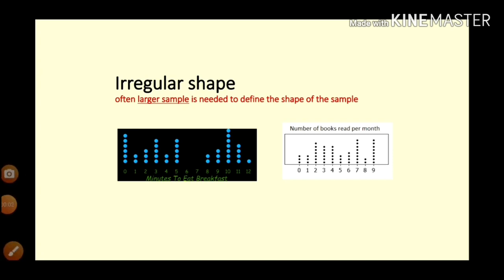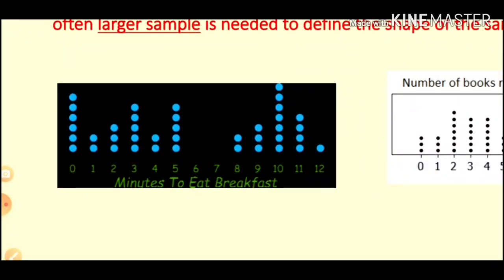Okay, so let's have a think about why we need more samples for irregular shape. Let's have a look at the first example. It says minutes to eat breakfast. In total, this person only surveyed about 20-ish people, asking how many minutes they take to eat their breakfast.